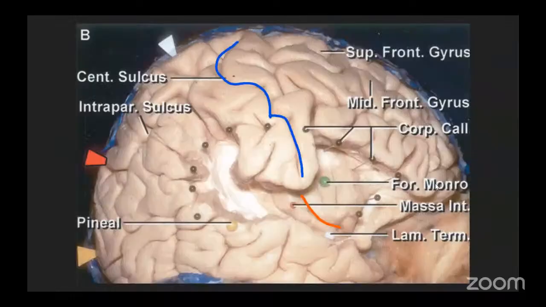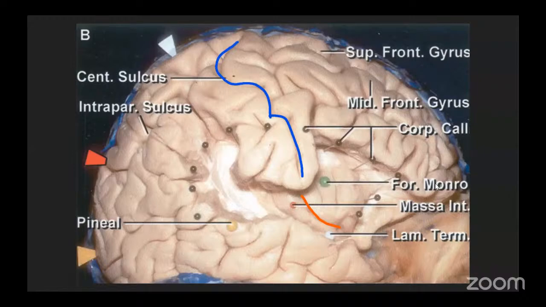So here the cortex has been retracted. Along with the retraction, some portion of the cortex has been dissected away as well, so that you can see it more clearly. The markings here are for the deeper structures, so ignore them, the levels, etc. But look at this.